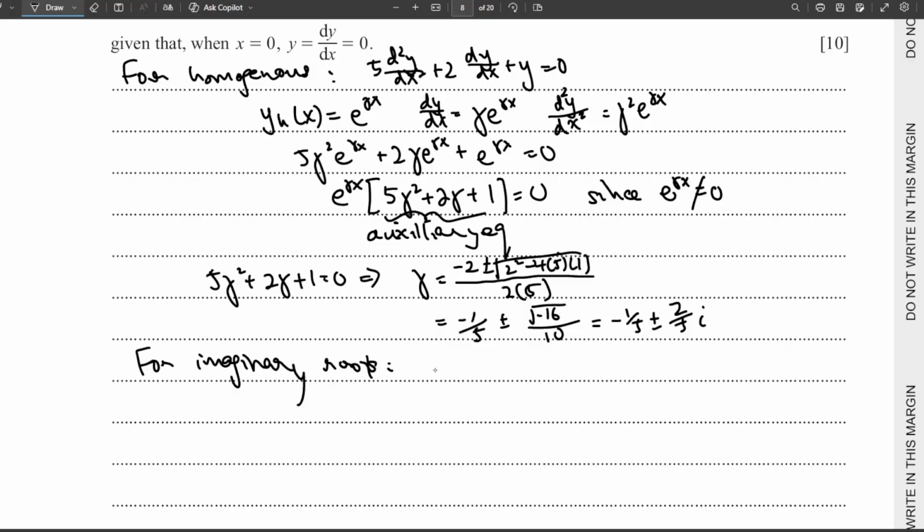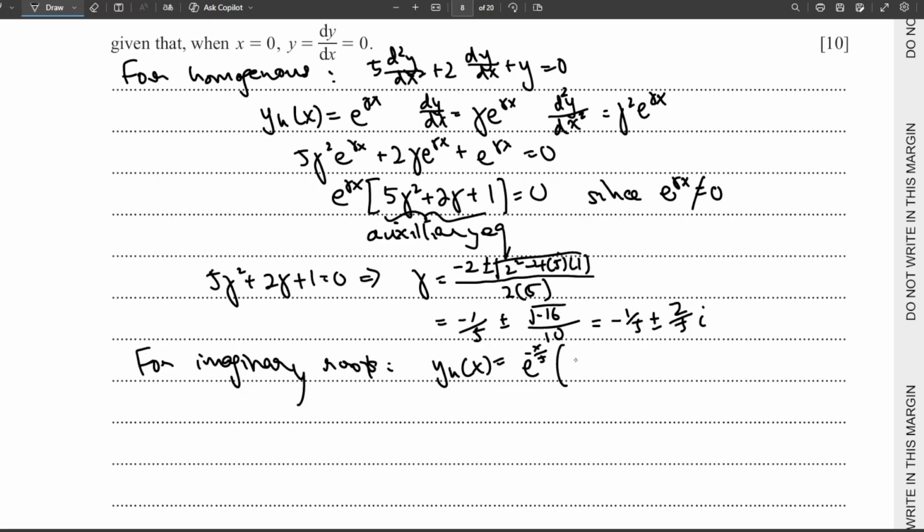For imaginary roots, the solution for y homogeneous of x will be: whatever is in the real part, we have e to the power of that multiplied by x. So we have e to the power of negative 1 over 5 x here. That's the real part.